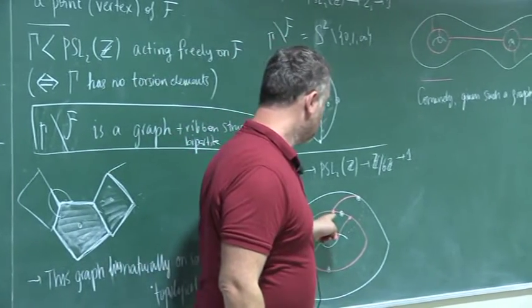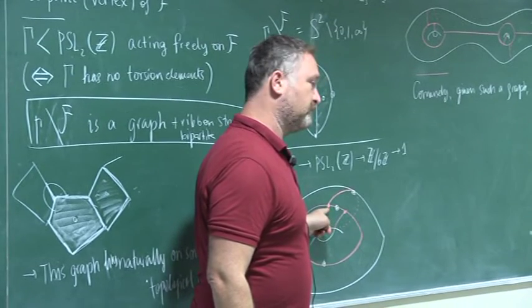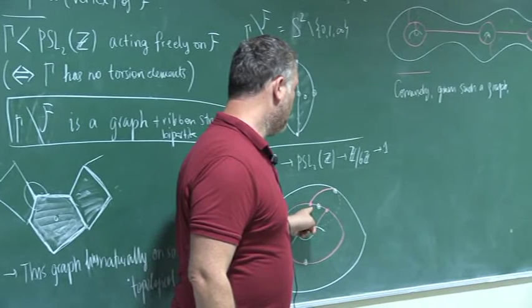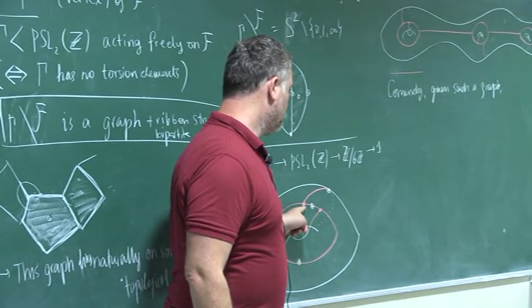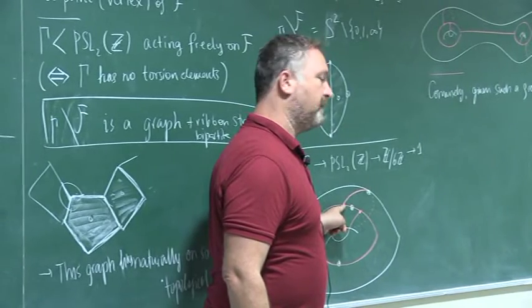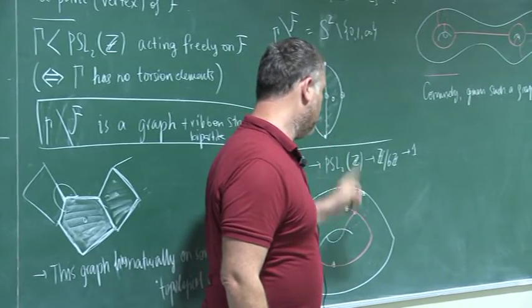Bipartite means that its vertices are split into two parts, here red and white, so that no two vertices of one type, for example type red, are neighbors, and white are never neighbors.